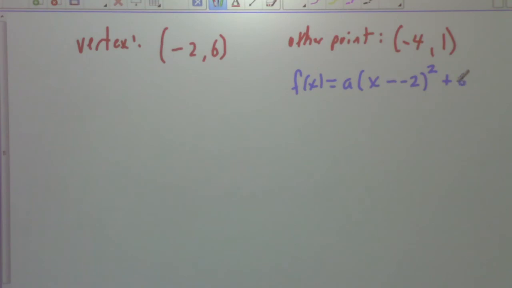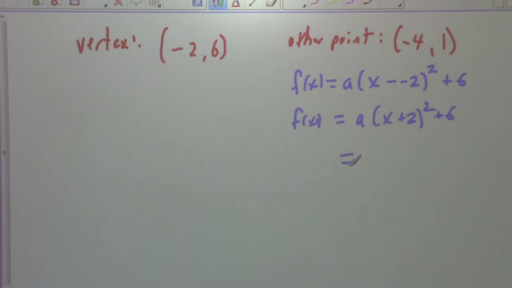Can we simplify this all here? What's x minus -2? It'll be x plus 2. So all I did was simplify it here, okay. Okay, what next, Kim?